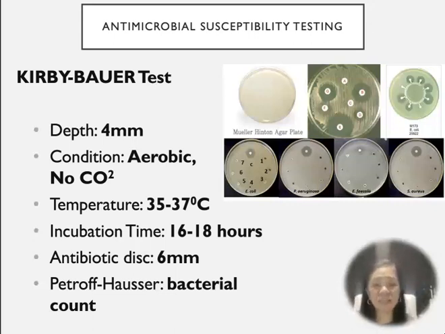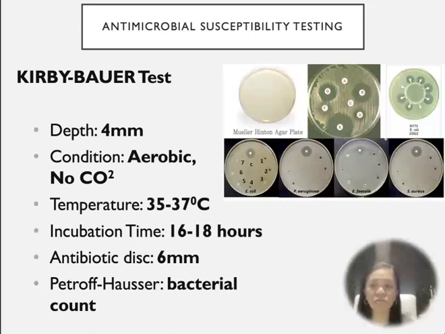Now, the size of the antibiotic disc is 6 mm. So if there is no zone of inhibition, what we record is the size of the disc, which is 6 mm. And then we can also use the Petroff-Hausser counting chamber. It's quite similar to the Neubauer. I know you have seen the Neubauer counting chamber, so they look almost the same, and it also has a counting chamber.